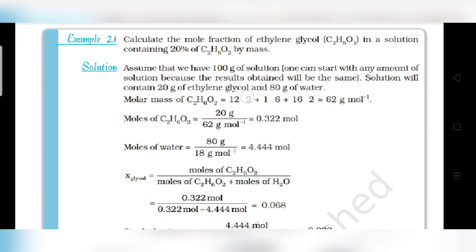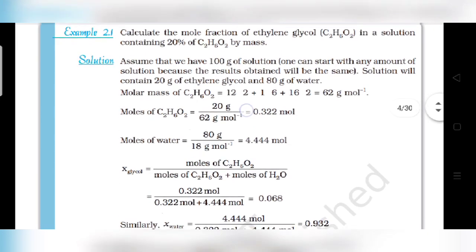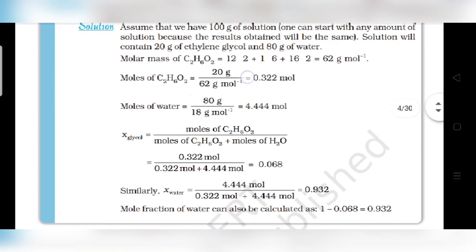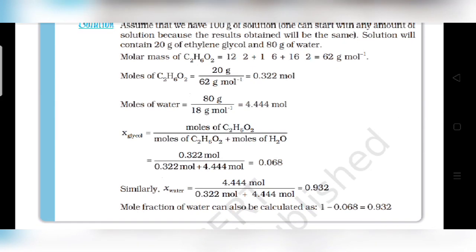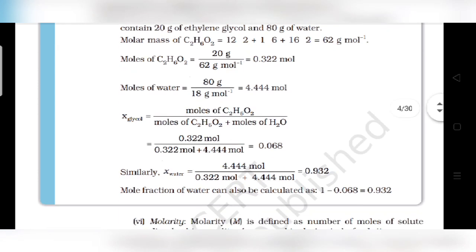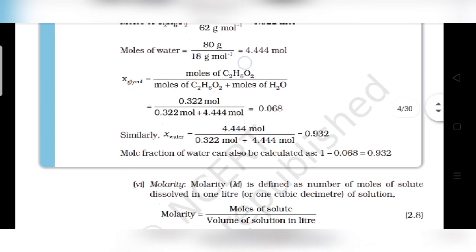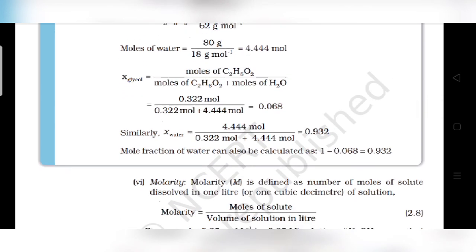Now you have to calculate mole fraction for glycol, that is moles of ethylene glycol upon total moles: moles of C2H6O2 plus moles of H2O. So you can get the answer, that is 0.068. It's a simple calculation, a mathematical step involved in it. And similarly for water we can put it as moles of water divided by total moles.